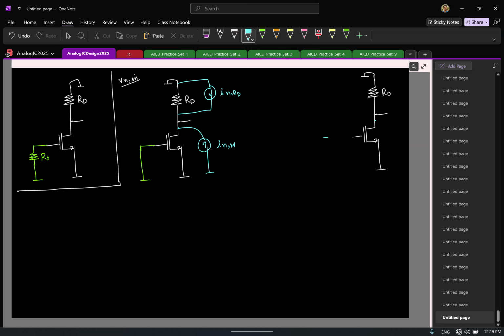So here I want to have a noise voltage and a noise current, VNN and INN. And technically, here is where you'll be connecting your Vin and RS. In this particular noise voltage calculation, both RS and Vin are 0. So I'm going to short this.